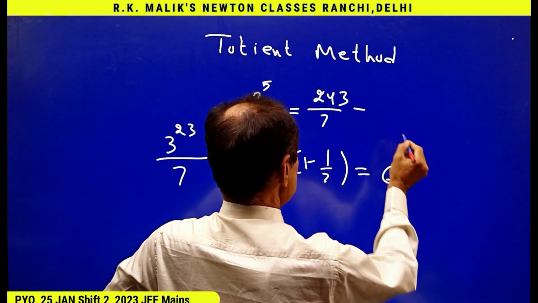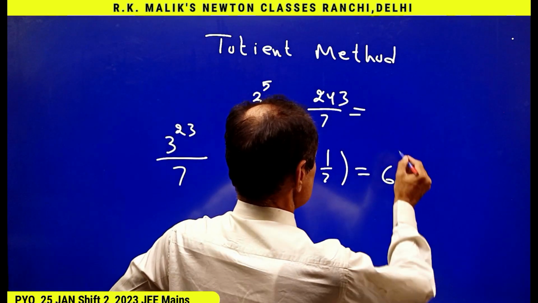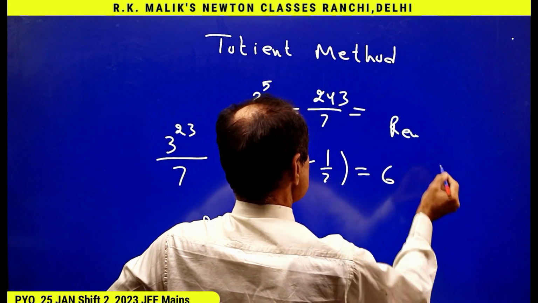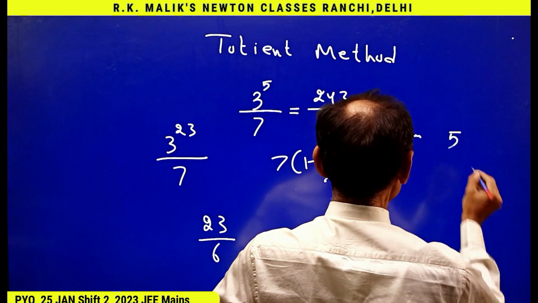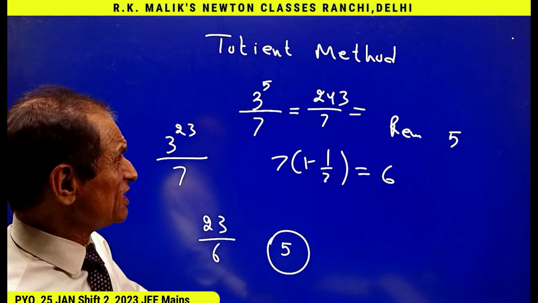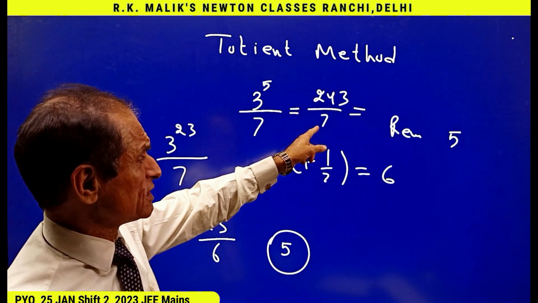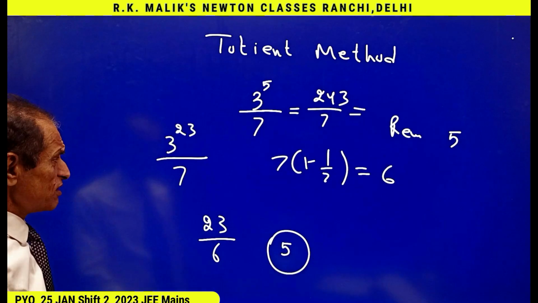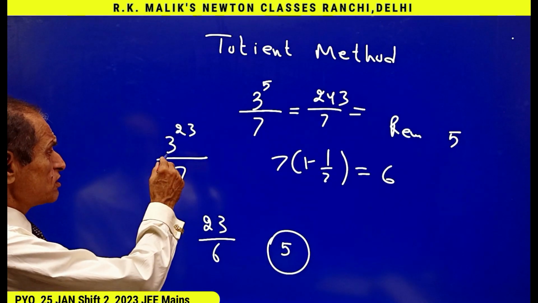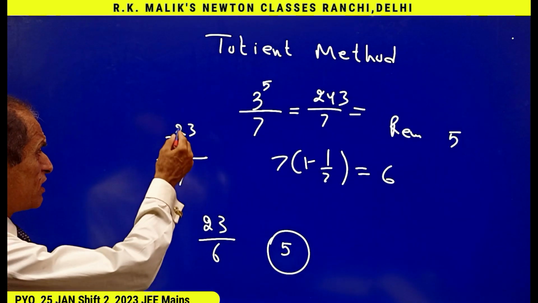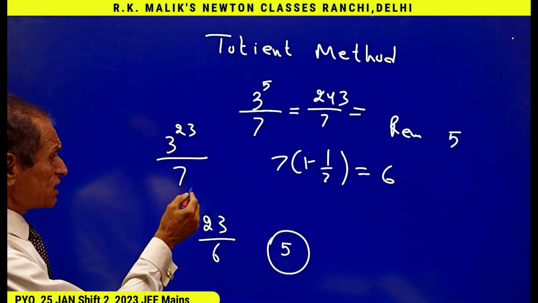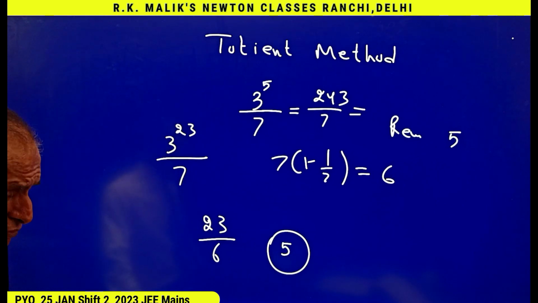And now in this case, remainder is clearly 5. That is, when 243 is divided by 7, remainder will be 5. Because the remainder in this case and in this case are equal, therefore I can say when this is divided by 7, remainder will be again 5.